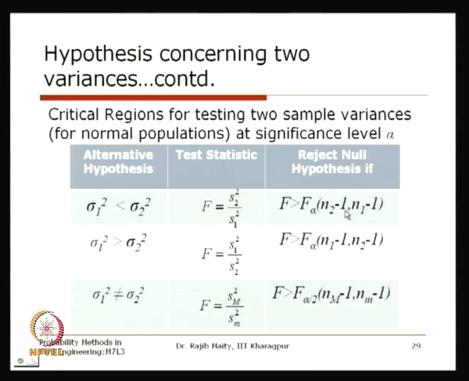On the other hand, if you simply want to use the larger variance and the smaller variance, then for all these cases you can calculate this F statistic, which follows the F distribution with first degrees of freedom n_M minus 1, and second degrees of freedom n_m minus 1, where n_M is the larger sample size and n_m is the smaller sample size.